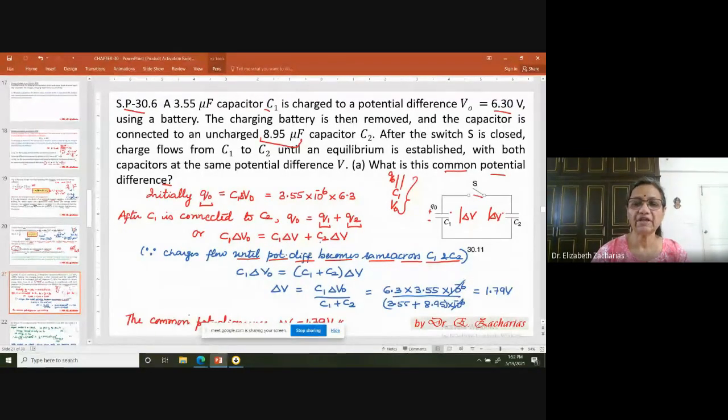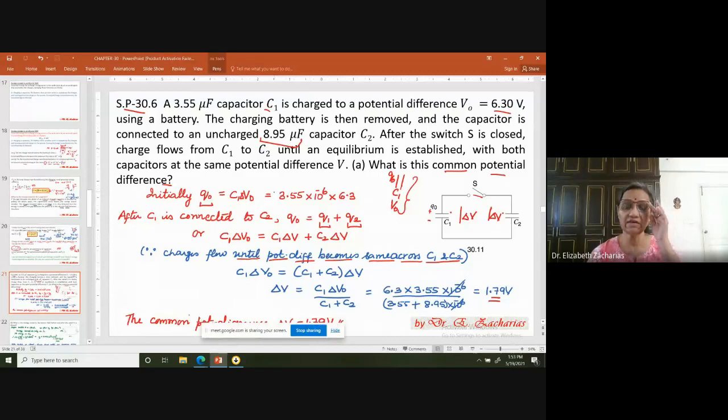Similarly, Q2 can be written as C2 into delta V. The reason is that charges will flow until the potential difference becomes the same across C1 and C2. Now delta V is common, so take it out of the bracket. Put delta V on one side and everything else on the other side and substitute. You will get the common potential difference as 1.79 volts.